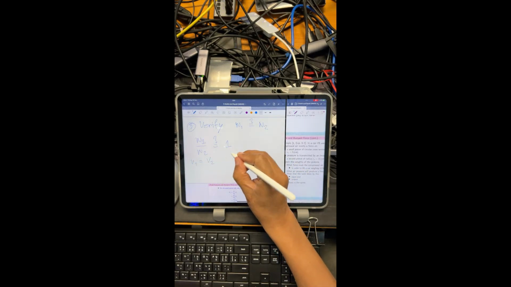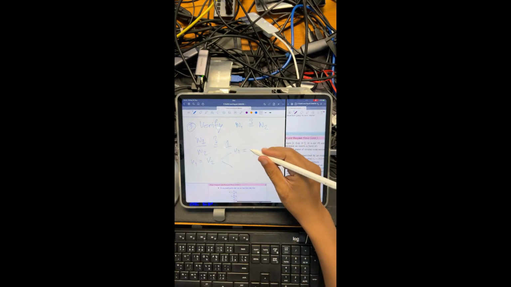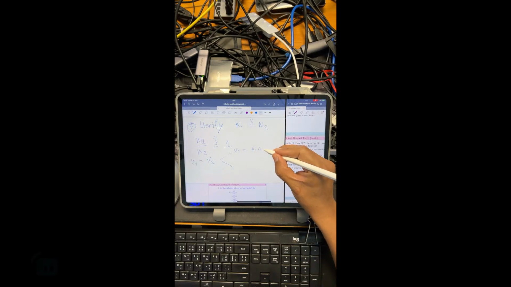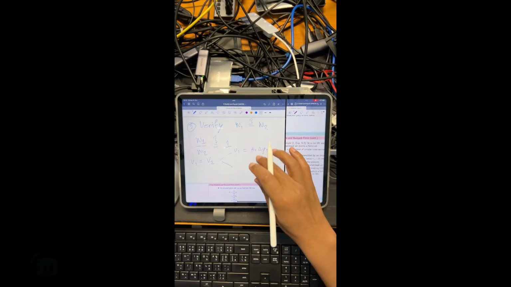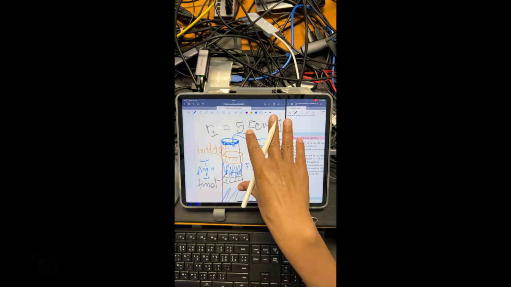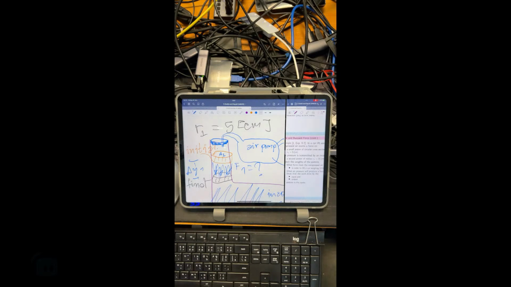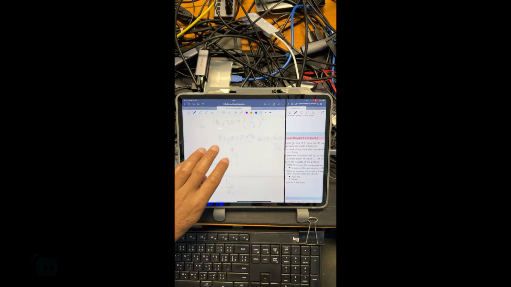And if you go to the detail, V1 is A1 times delta Y1, right? Because the volume is the cross-sectional area A1 times delta Y, you move it along the y-axis by this amount.